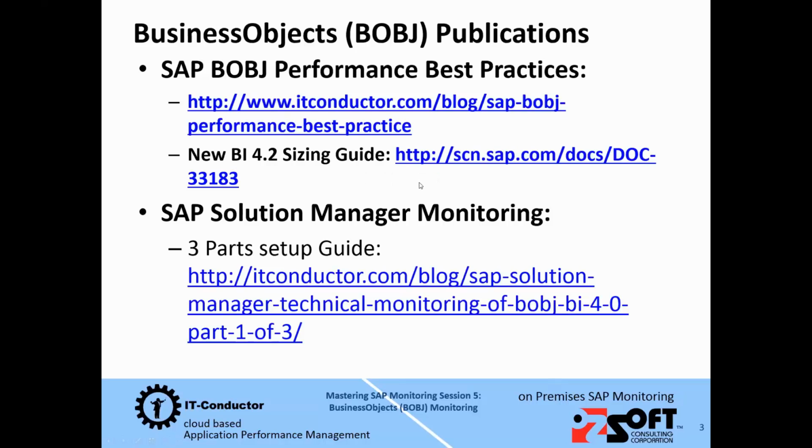So I highly recommend looking at that. It uses a premise of sizing for small, medium, and large type environments to properly size and scale out your BI environment. We also have some lengthy setup guides that are online as well as in an ebook format you can download.